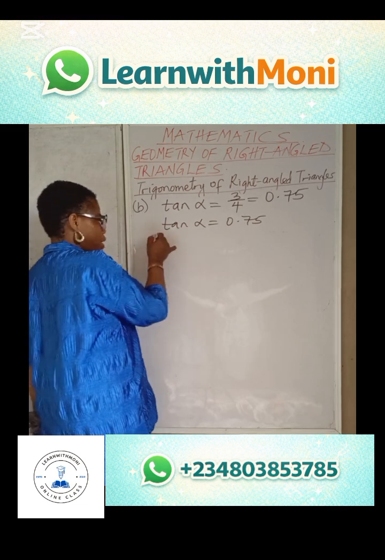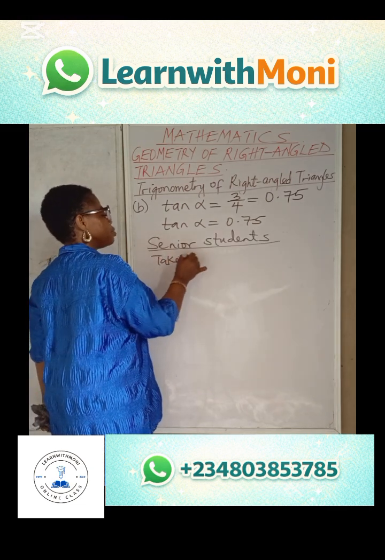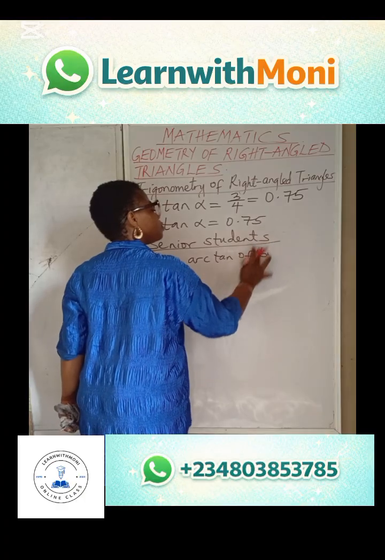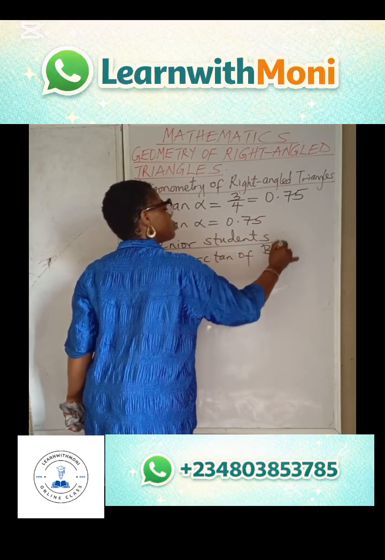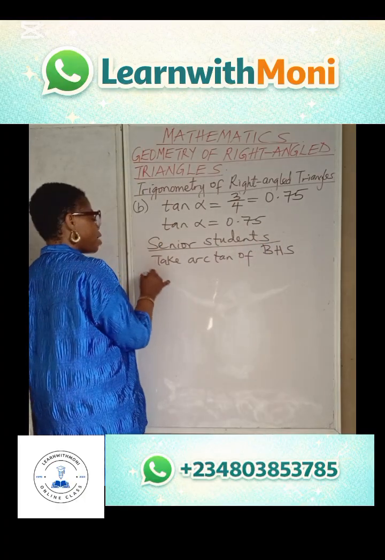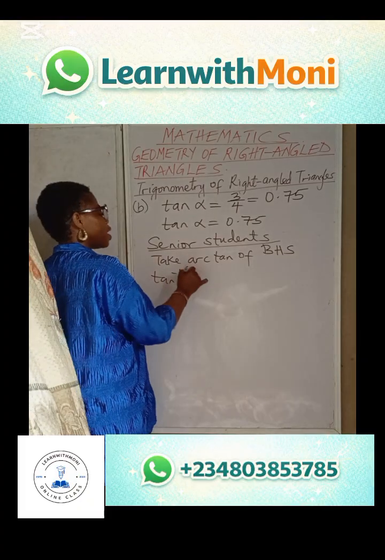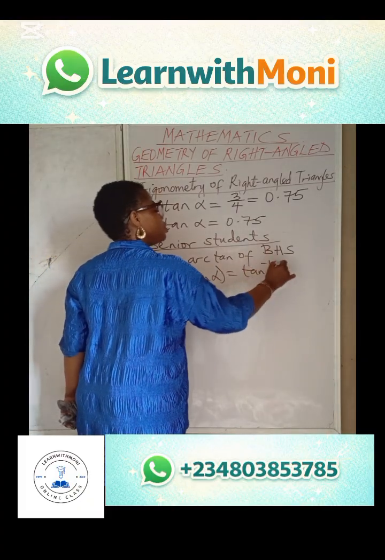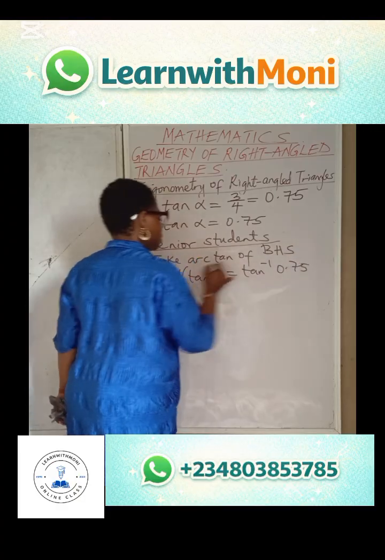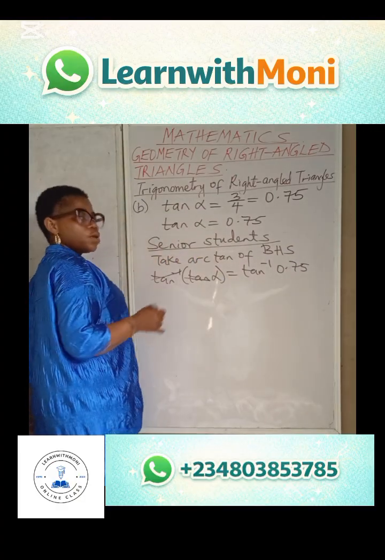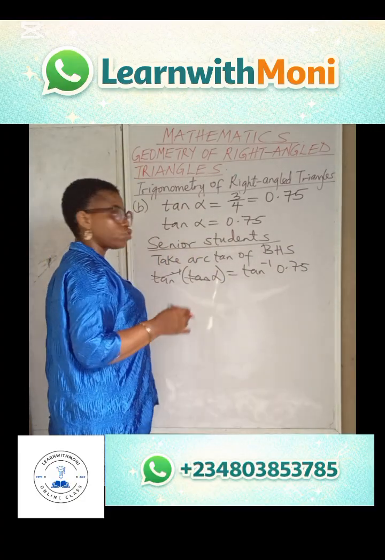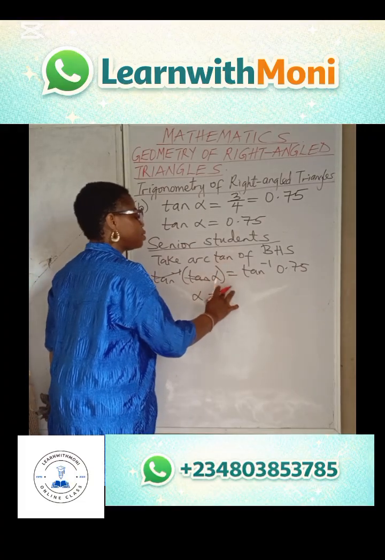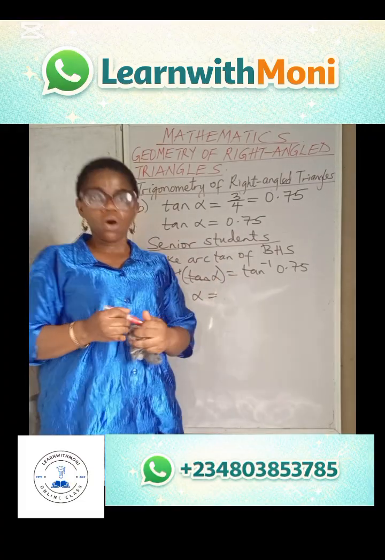For my senior students, take arctan of both sides. That means you have arctan of tan alpha equals arctan 0.75. Tan and arctan are a word and its opposite. They cancel each other out. So I have alpha equals arctan 0.75.